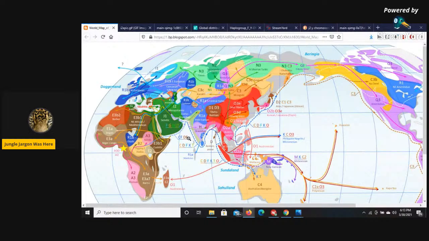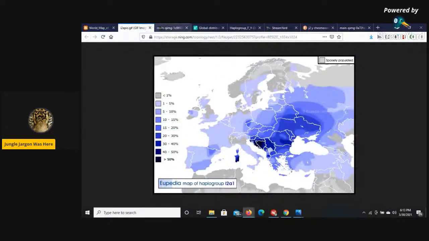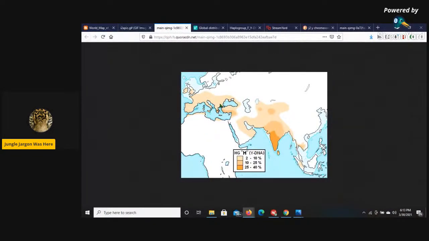But that's interesting, the Elamo-Dravidian, because these are Semitic Y chromosomes. And I wanted to put a name on this Dravidian, and it's probably Aram, because Asher would be the G up here in this area, and the Arameans went both directions, as we can see from this map, this direction and this direction.